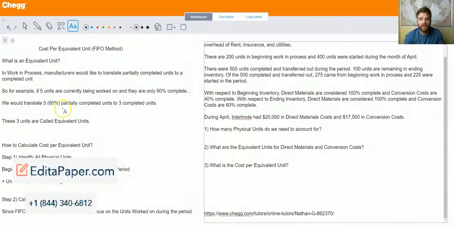Now again, all I did there is I did 5 units times 60%, and I got 3 completed units. So what they're doing is they're just translating the partially completed units into what they would be under completed units. So 5 60% complete units are translated to 3 complete units. And that's called an equivalent unit, those 3 units. Now we'll get into how to calculate cost per equivalent unit.